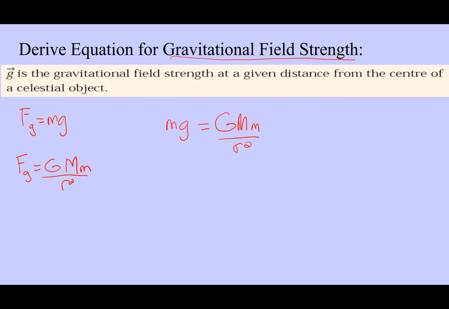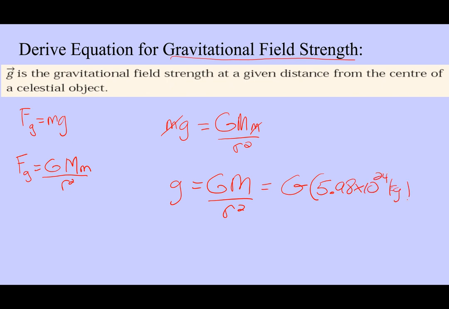We've got a little m on both sides, so they should actually cancel, which leaves me with a little formula here for gravitational field strength. And if we're to type in Earth's data, capital G is 6.67 times 10 to the negative 11, Earth's mass, you don't have to memorize it, but I'll give it to you right here, 5.98 times 10 to the power 24 kilograms.